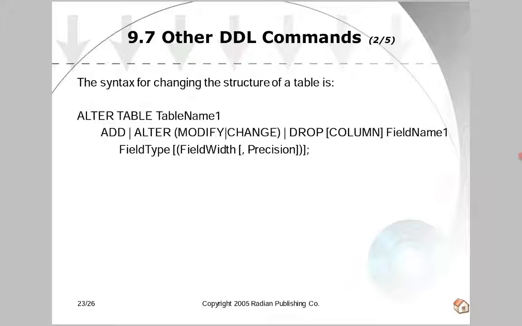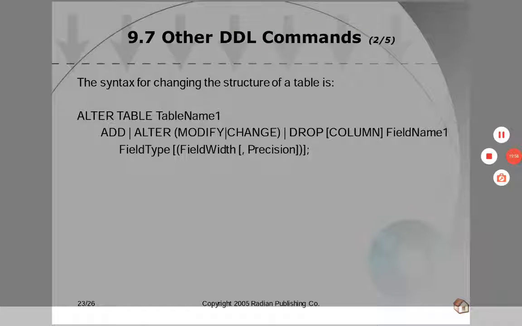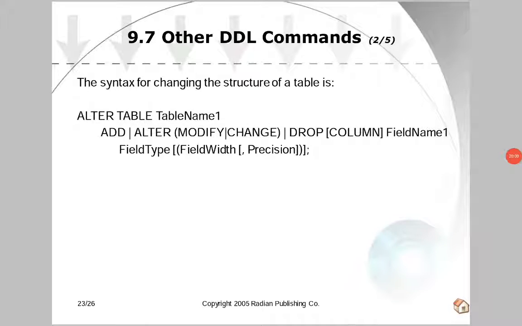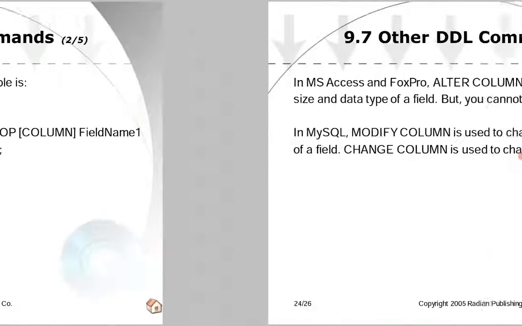So alter table we can use to modify the structure of a table, adding some new columns or fields into a table, changing the column structure, or dropping some columns from a table, like that.